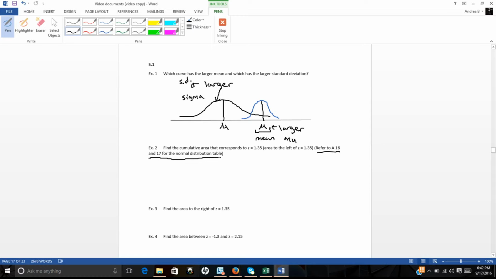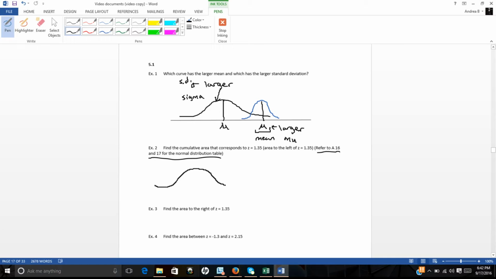It's at the end of the book, towards the back of the book, page A16 and 17 for your normal distribution table. That's where you can find the chart that you'll use for these types of problems involving z-scores. So that way you can find the area or your probabilities related to those.